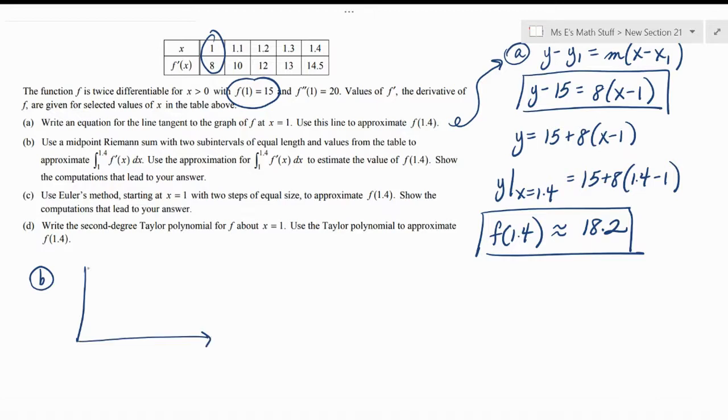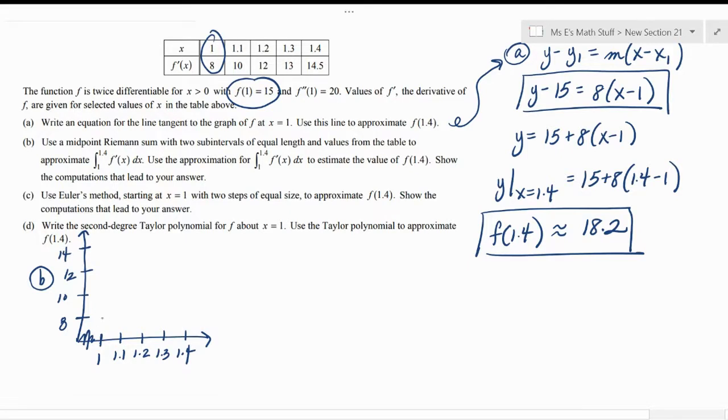that you're given here. So let's say, here's 1, and then 1.1, 1.2, 1.3, 1.4. And then I'm just going to graph f prime. So put 1 in, you get 8 out. Let's see, we'll just do 8, 10, 12, and there's 14.